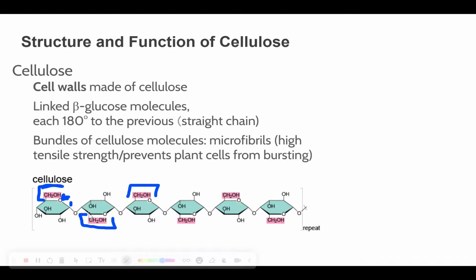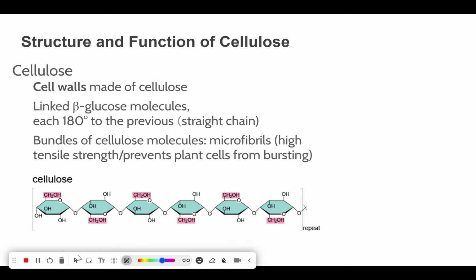This is 1, 2, 3, 4, 5, and then hanging off the side is 6. So you have here 1, 2, 3, 4. So this is a 1-4 linkage that makes a straight line across.